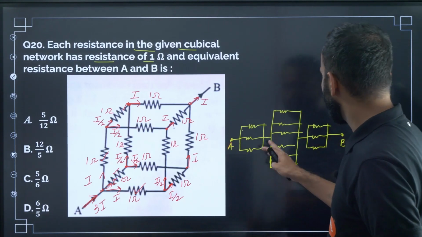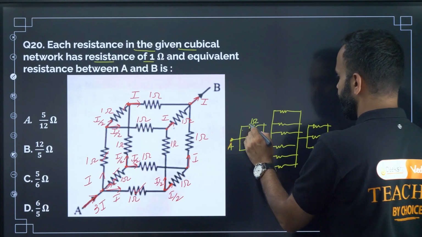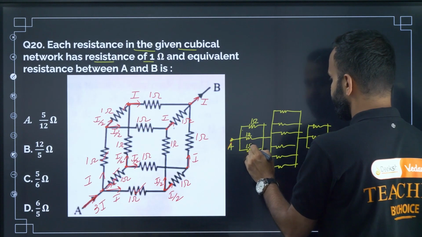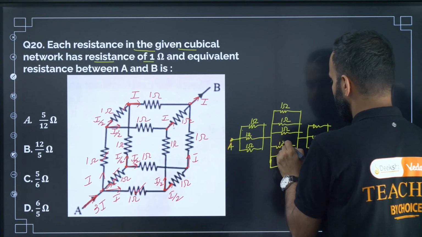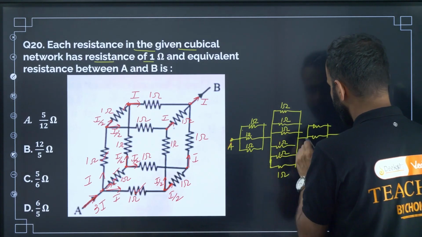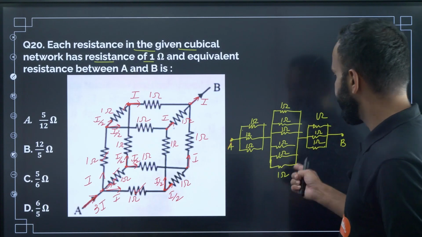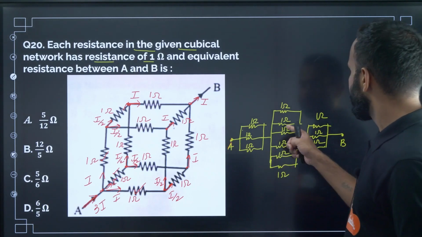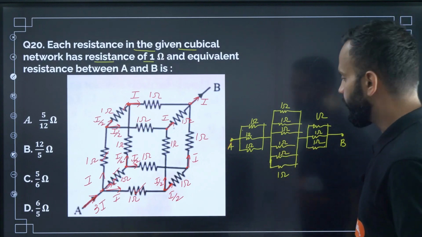So this is the new circuit diagram, right? So here 1 ohm, 1 ohm, 1 ohm, 1 ohm. There are a total of 12 resistors, 6 plus 6, 12.